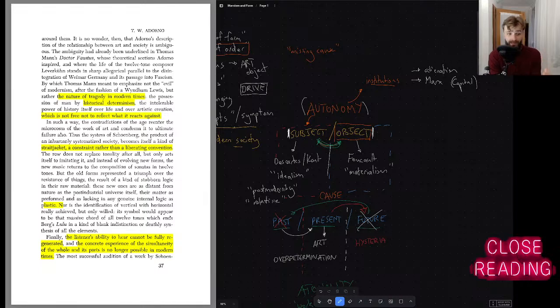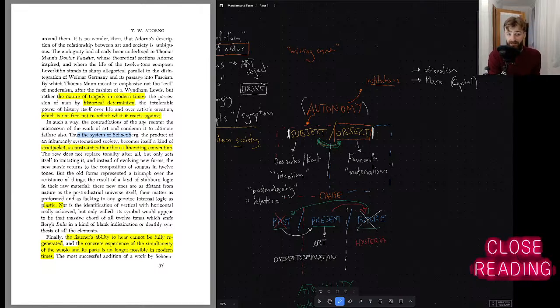So this double negative of it's not free, it is ensnared in a requirement to reflect what it does not want to be determined by, right? It is not free not to reflect what it reacts against.